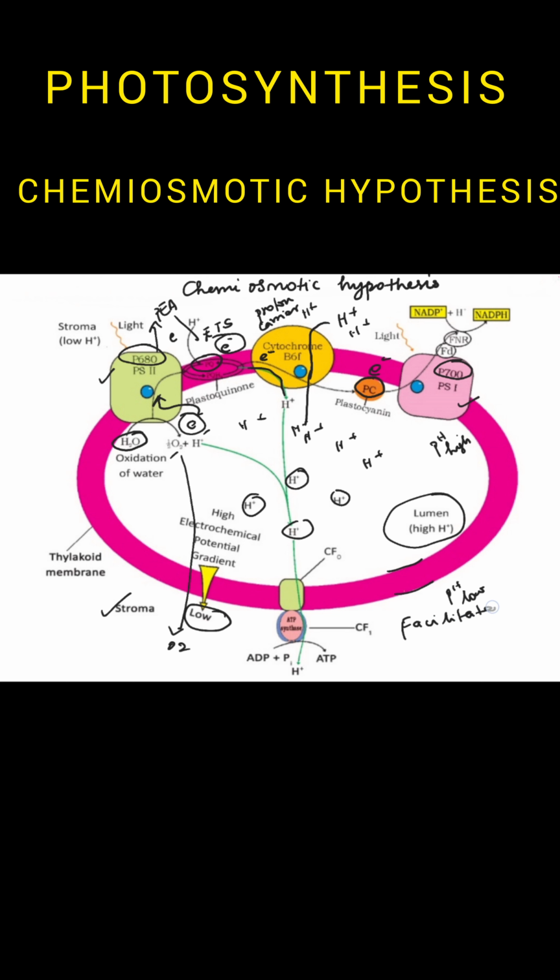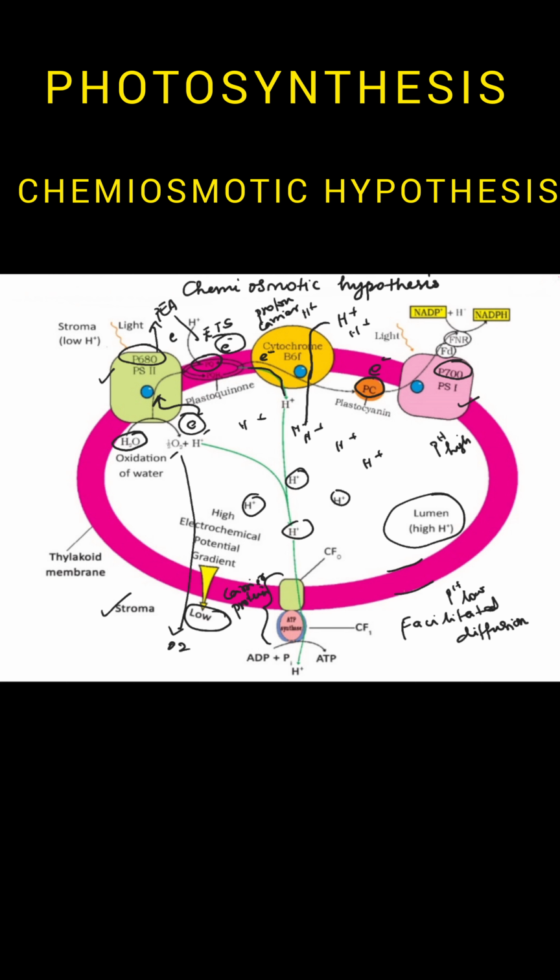What is facilitated diffusion? Directly it cannot pass through the membrane, but with the help of a carrier protein, the protons can come out to the stroma region. This type of diffusion we call facilitated diffusion.